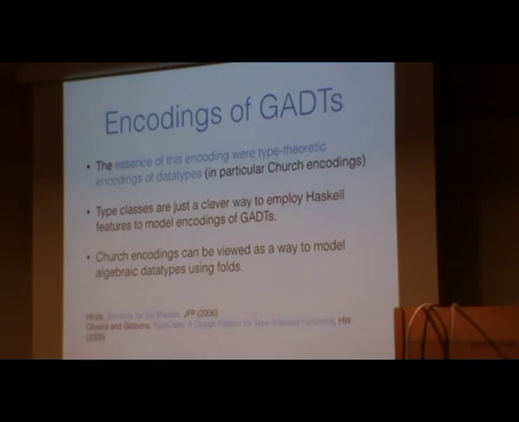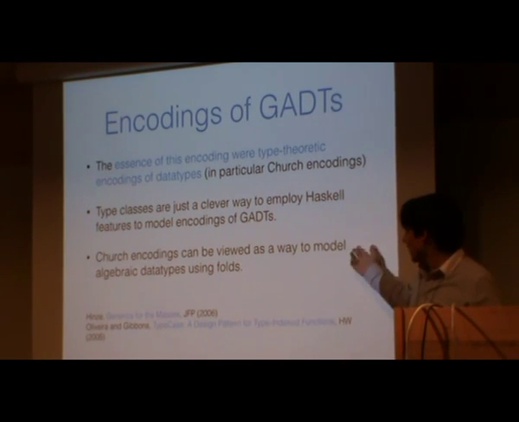Okay, so if you're familiar with Church encodings in System F, then you'll probably recognize some of the code that we have written here. And type classes were just a clever way to do Church encodings in Haskell. Okay, so it was just a clever way to employ the features that we had at the time.